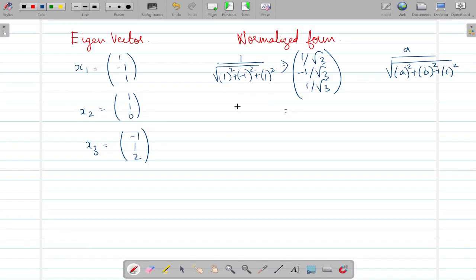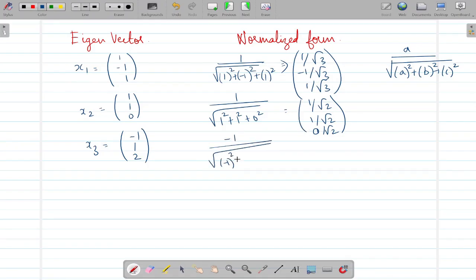You get 1 by root of 1 square plus 1 square plus 0 square, 1 by root 2, 1 by root 2, 0 by root 2. Then for x3, minus 1 by root of minus 1 square plus 1 square plus 2 square, I get minus 1 by root 6, 1 by root 6, 2 by root 6. So we got our normalized form.